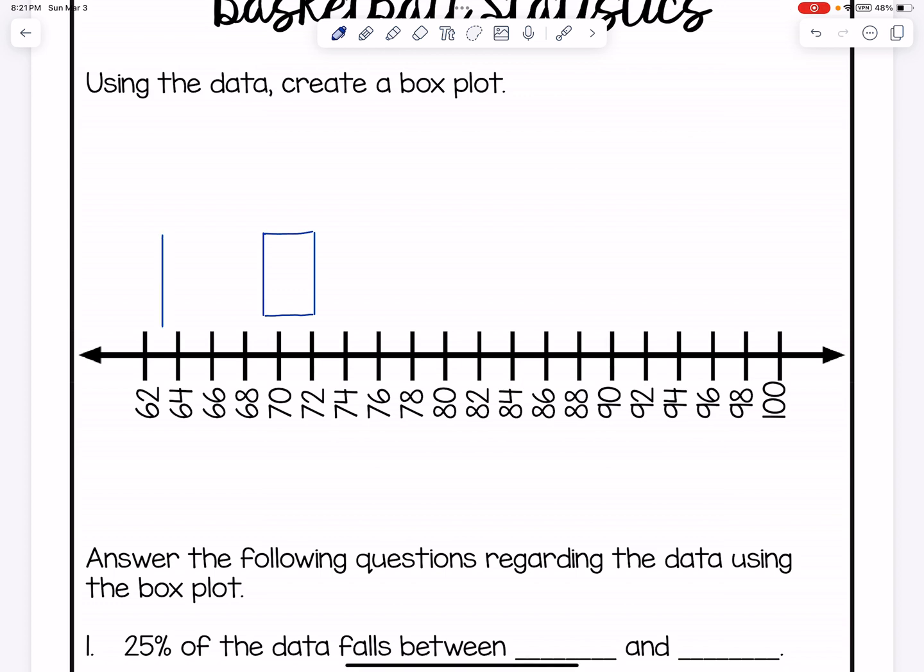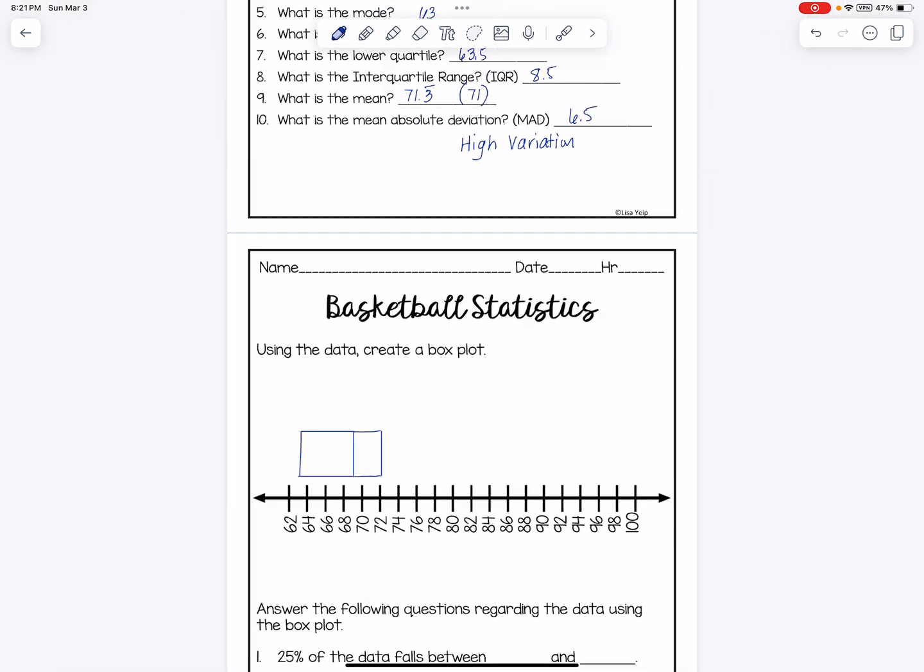It's not going to be perfect. Let me clean that up just a little bit. There we go. Just trying to get it nice so you can try to do the same. So there's our lower quartile.